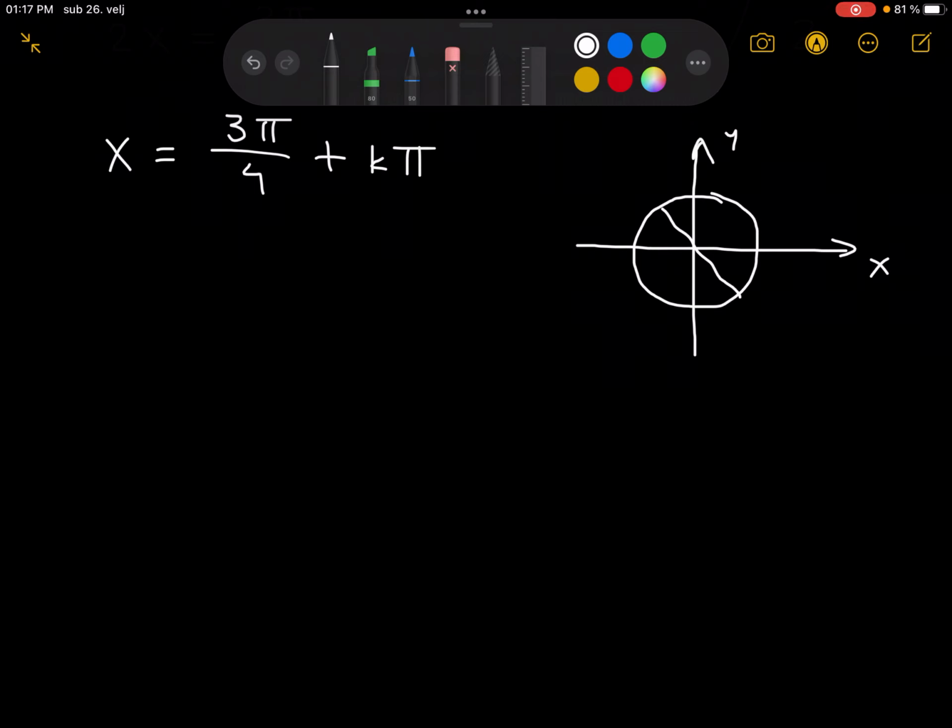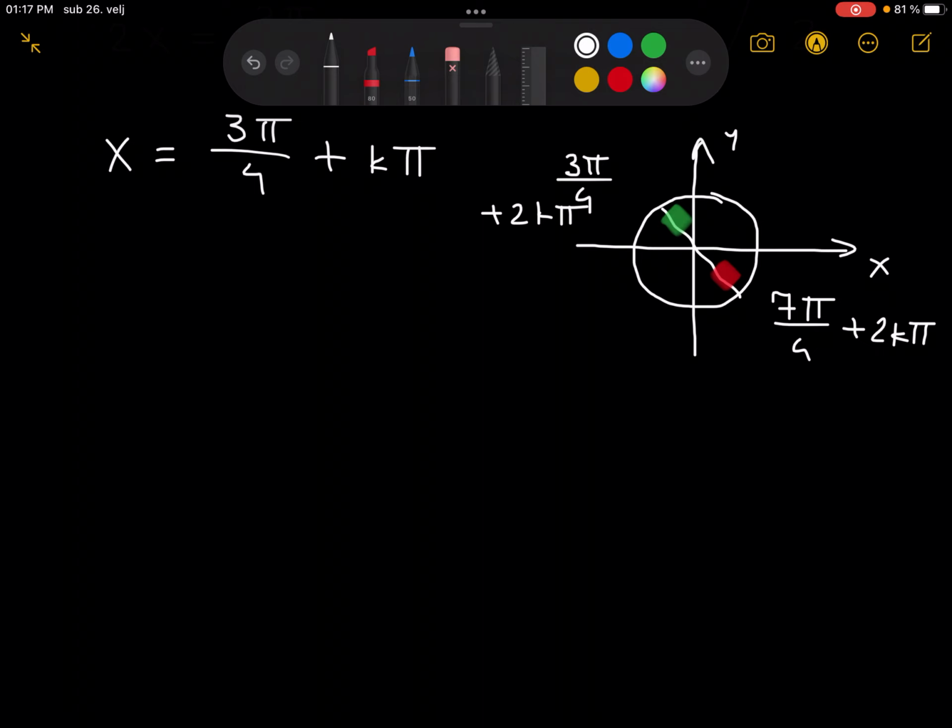So this green part will be 3 pi over 4 plus 2k pi, and this here part is going to be negative pi over 4, or 7 pi over 4. This red part is going to be 7 pi over 4 plus 2k pi.